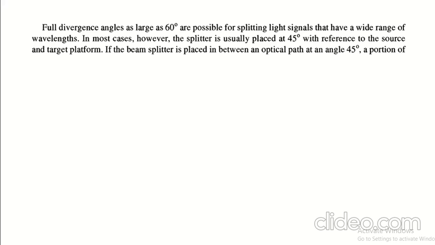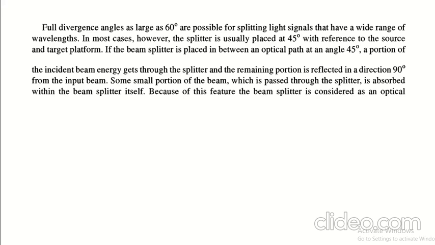If the beam splitter is placed in an optical path at 45 degrees, a portion of the incident beam gets through the splitter and the remaining portion is reflected at 90 degrees, as I have explained in Figure A, where we are getting two beams. One is the reflected and the second one is the transmitted. So you can see that the transmitted beam goes straight, through the splitter, and the reflected beam goes at 90 degrees on the right hand side.